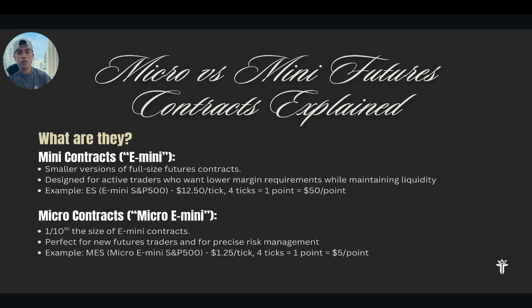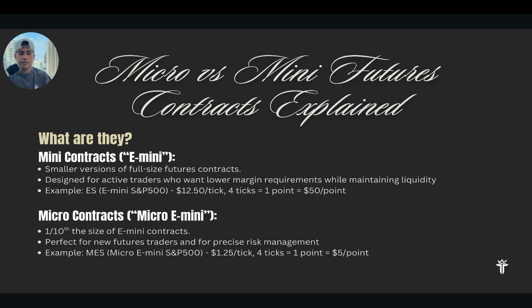So again, micro contracts are 1/10 the size of E-mini contracts. So this is perfect for newer traders, so that you get really precise risk management. Honestly, this is why I like micros, because you can get basically down to a few dollar range, and you're not drastically over leveraging or under leveraging.